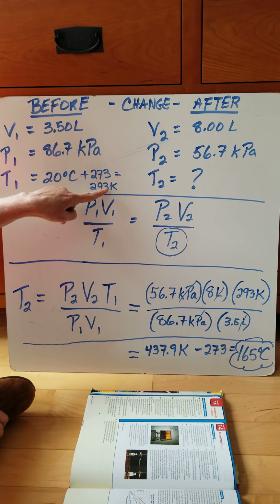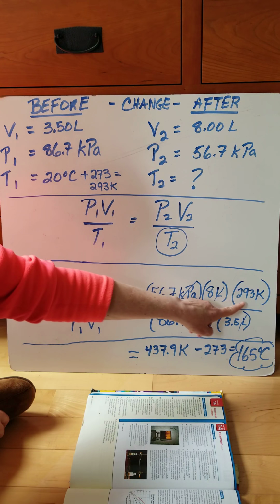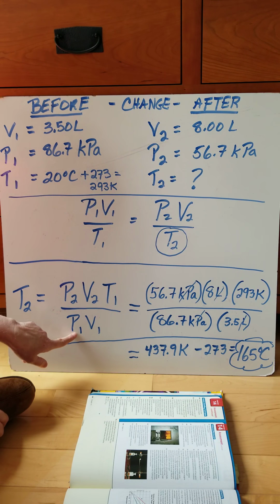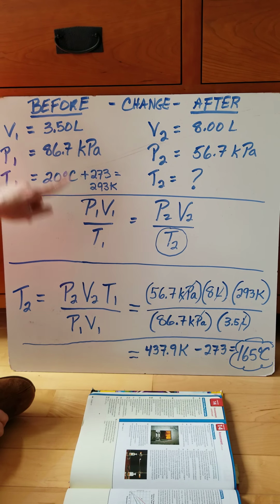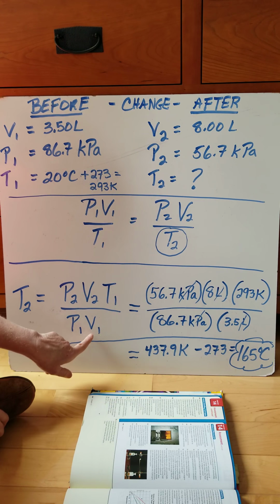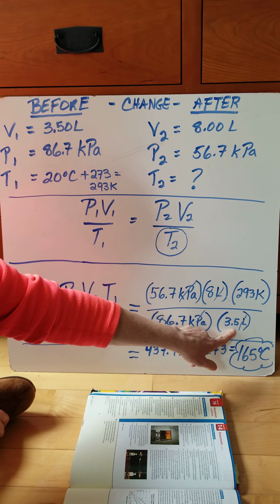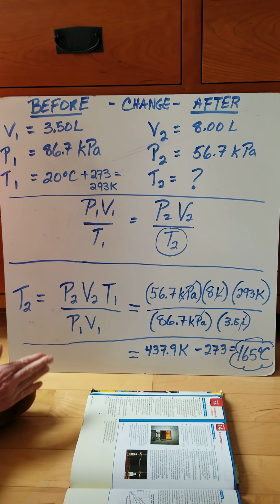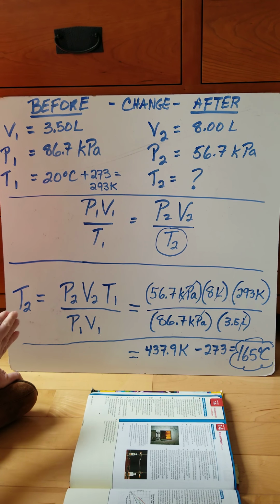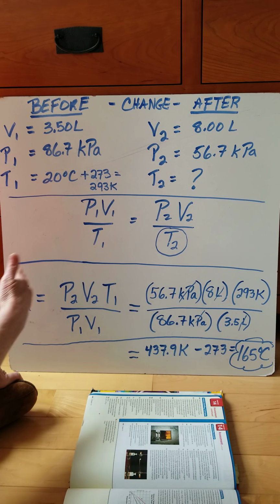It's the 1s, 293 K. We have to use the Kelvin. P1, 86.7. And V1, 33.5 liters.